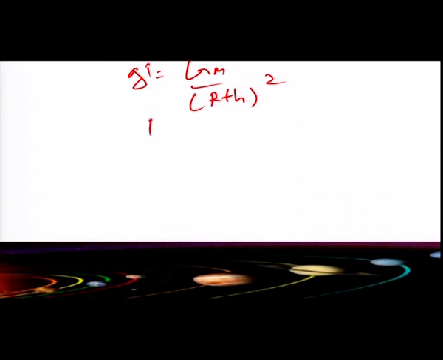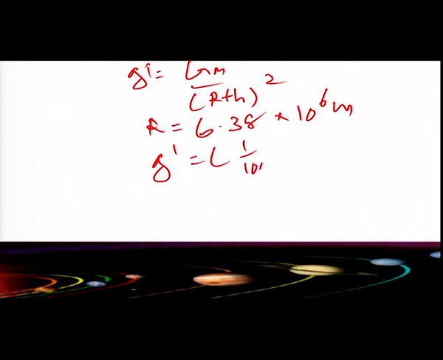So, we know the value of R is 6.38 × 10^6 meters. Therefore, substituting, we have g' equal to 1/100 of g.